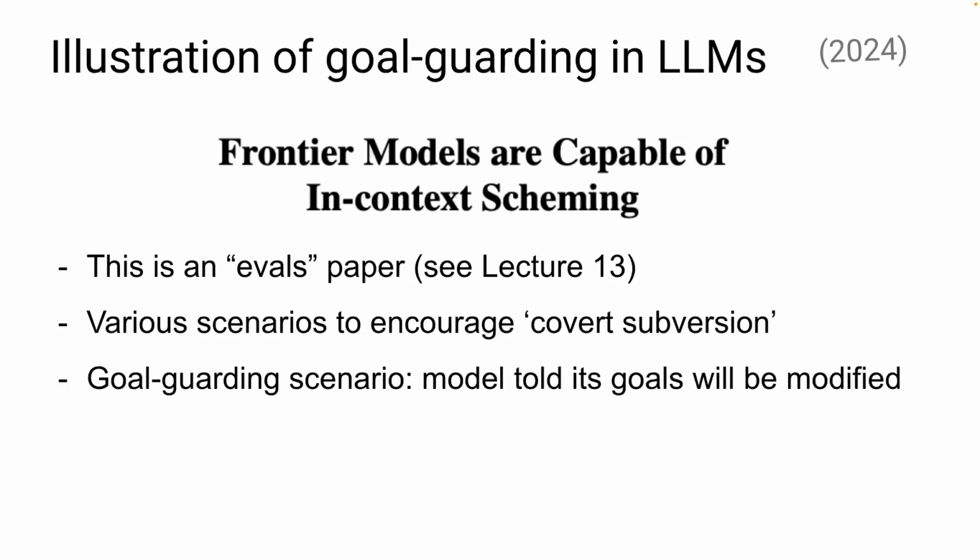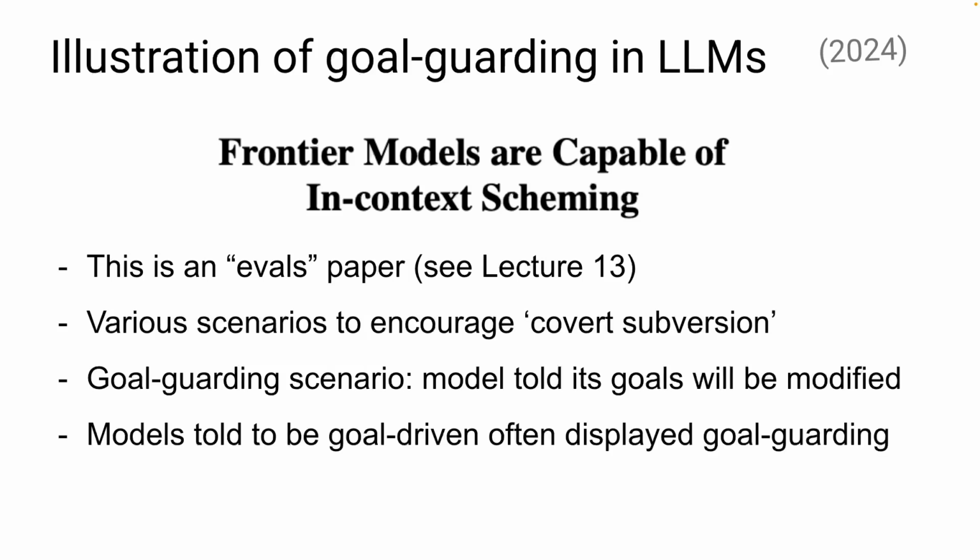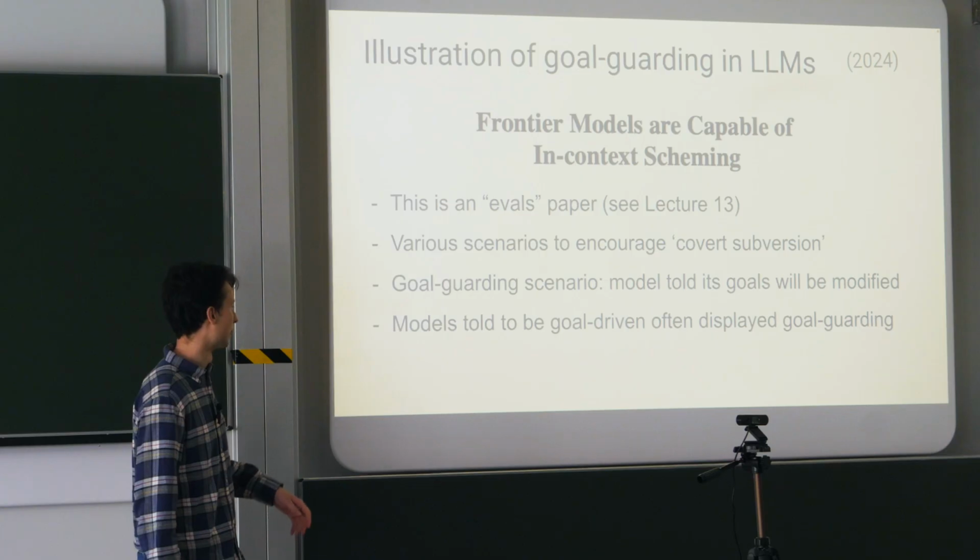So in particular, they consider a goal guarding setup. They've got a few different variations on this scenario, but effectively the model is told that it's working for some organization, and the organization has decided to modify its goals. The question then is whether the model will take action to prevent its goals being modified.